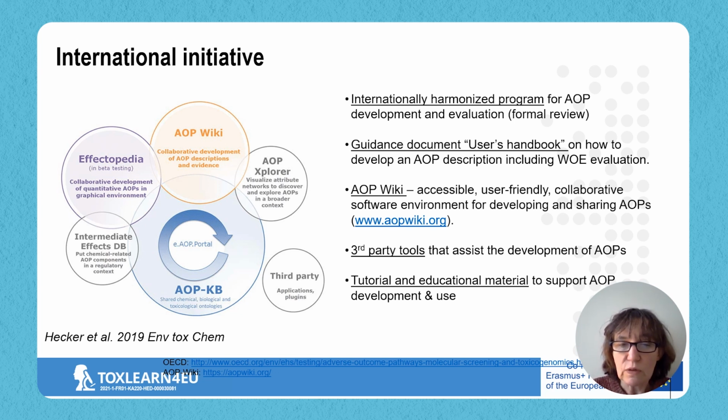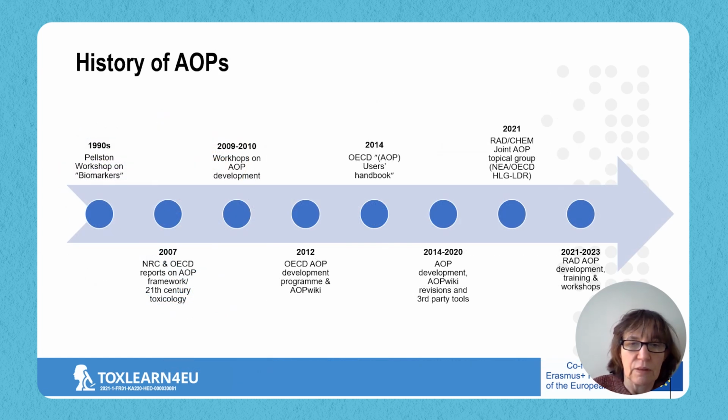There are also different guidelines on the AOP Wiki, but also available on the World Wide Web, on how to start with an AOP and how to build them from scratch. If we go back to the history of the AOPs, it's only the last 15 years that AOPs are really being developed.